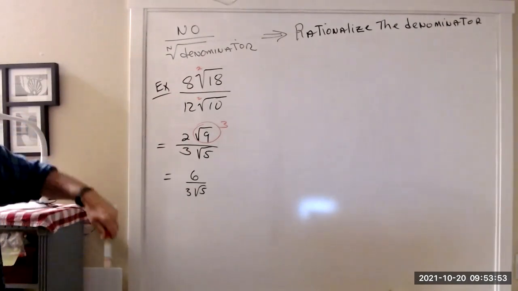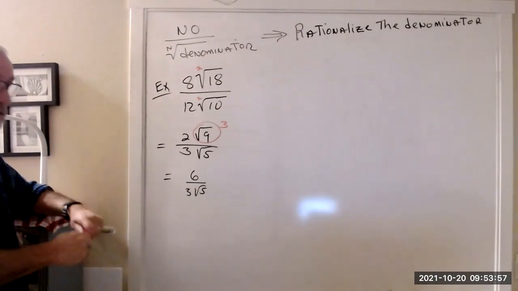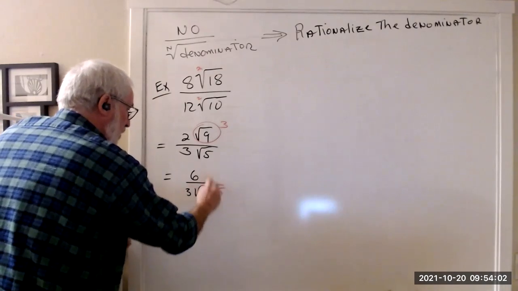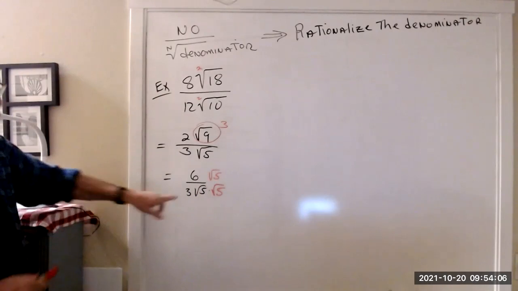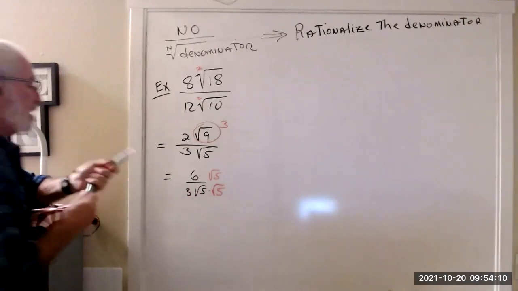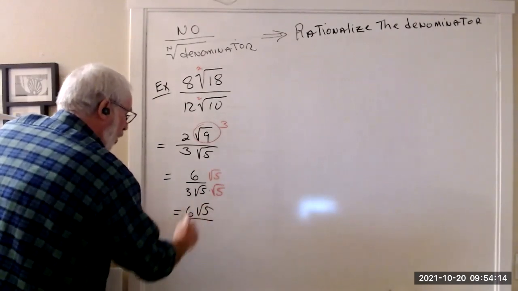I don't use lazy as a negative thing. I use it as a shortcut. If we just simply multiply top and bottom by the square root of 5, okay, so you use the radical 5 to help you, you end up with 6 radical 5 over.